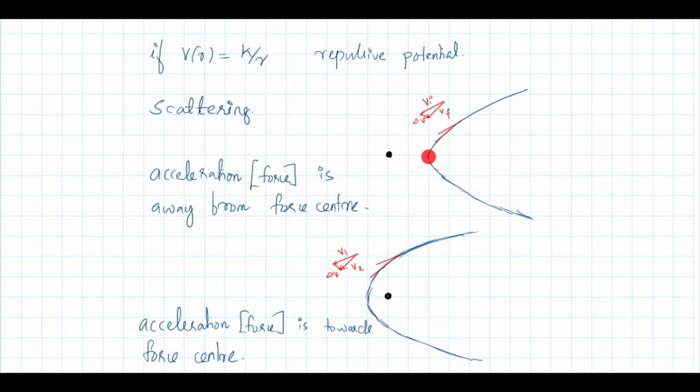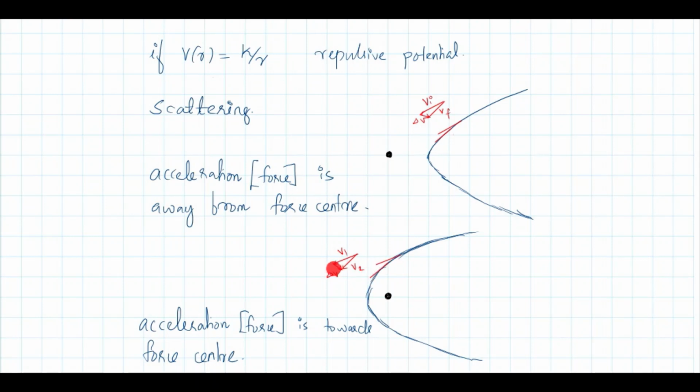That is, the force is away from the force center. This is a repulsive force. So the force should be directed away from the force center. But in the second case, it is minus k by r, so the force should be directed towards the force center. If the particle moves around the force center, then the initial velocity vector is like this, and the final vector is like this.